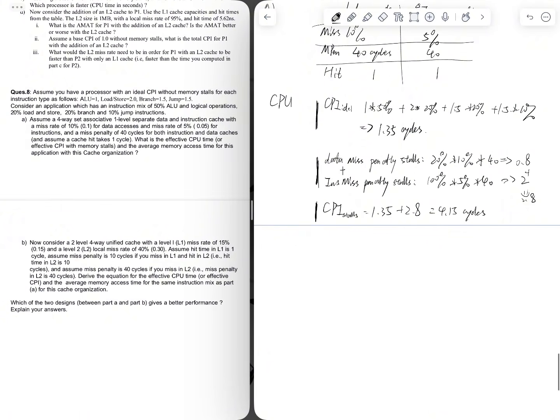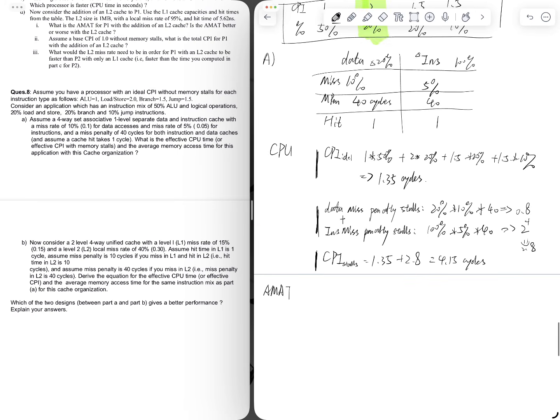Okay, so the next is the AMAT, average memory access time. Since we are splitting the caches, we need to consider the data and instructions. So how many accesses will we have?